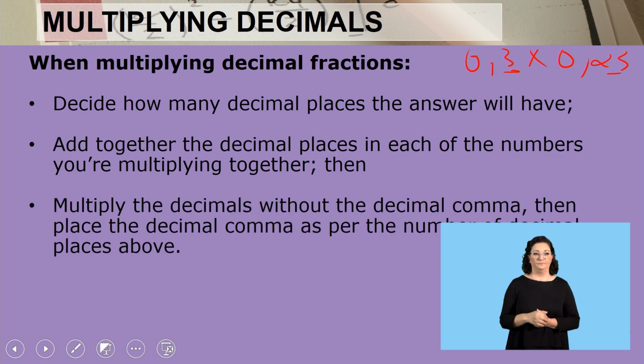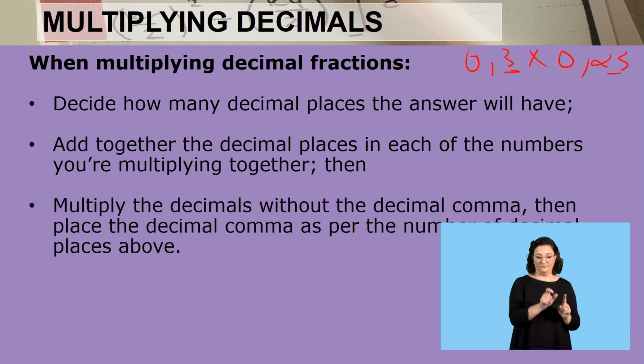Then let's look at what we do with that information. We multiply the decimals without the decimal comma, then place the decimal comma as per the number of decimal places we have above. So we know that this is going to be 23 times 3. So you will get 69 for that.